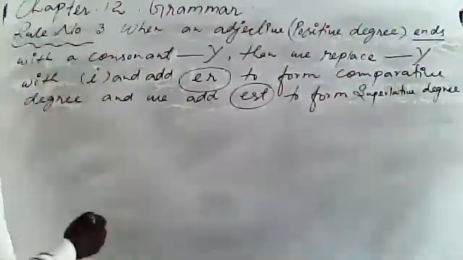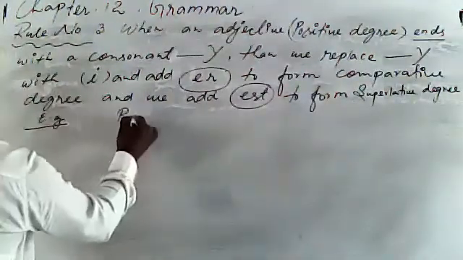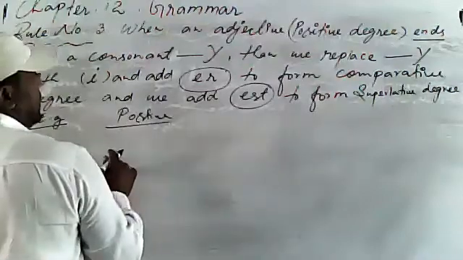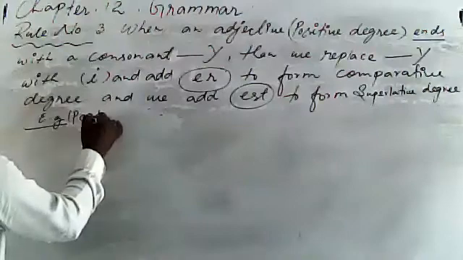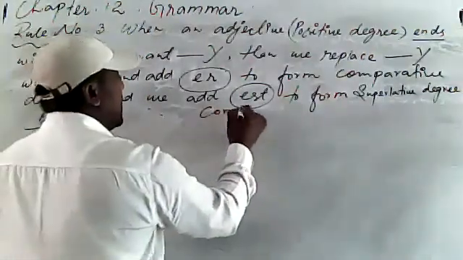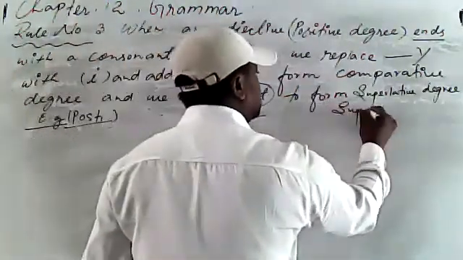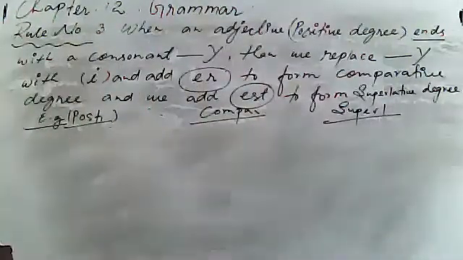Now let us move on to some examples. Here I am writing positive degree, here comparative degree, and here superlative degree.